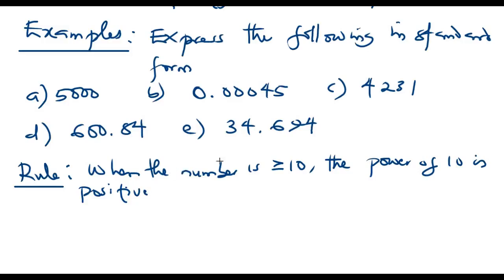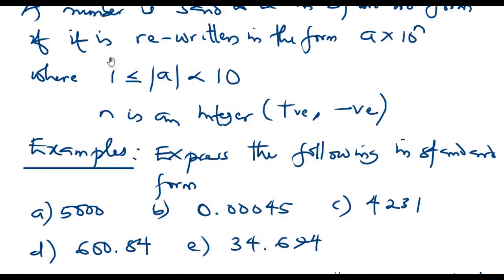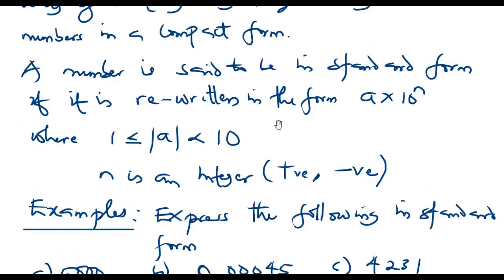All right, don't forget that when we want to represent scientific notation, it must be in this format. Let me underline it so that will guide you. This is the way scientific notation should look like.